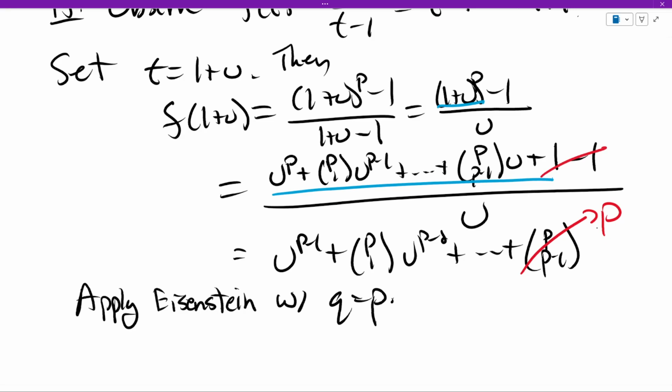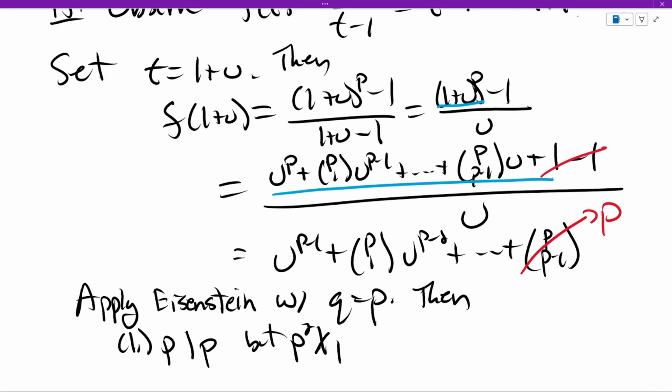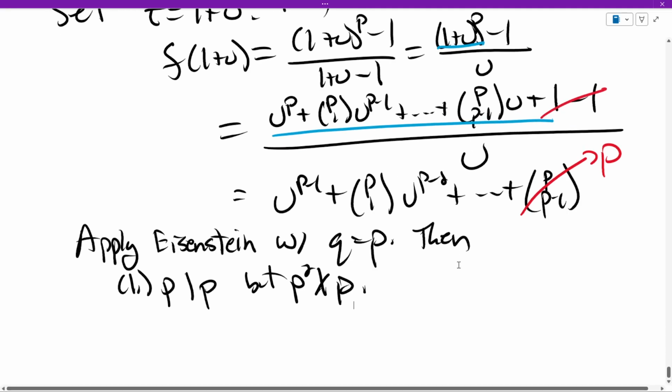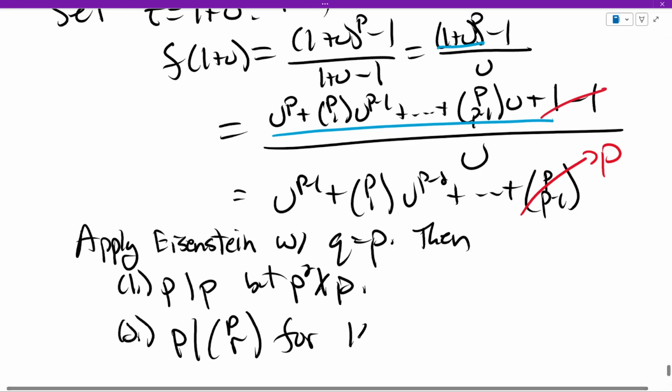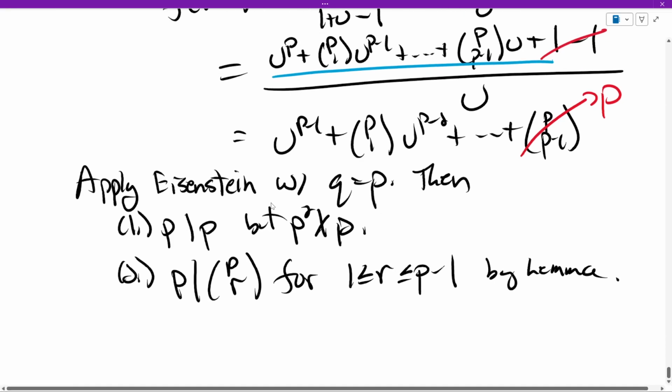Namely, p of course divides the constant term. Let me just go through them. p divides p, so it divides the constant term, but of course p squared does not divide p. That's fine. p divides all of the other coefficients, for r between 1 and p minus 1, by the lemma that we proved before this. And the leading coefficient is 1, and certainly p does not divide 1.